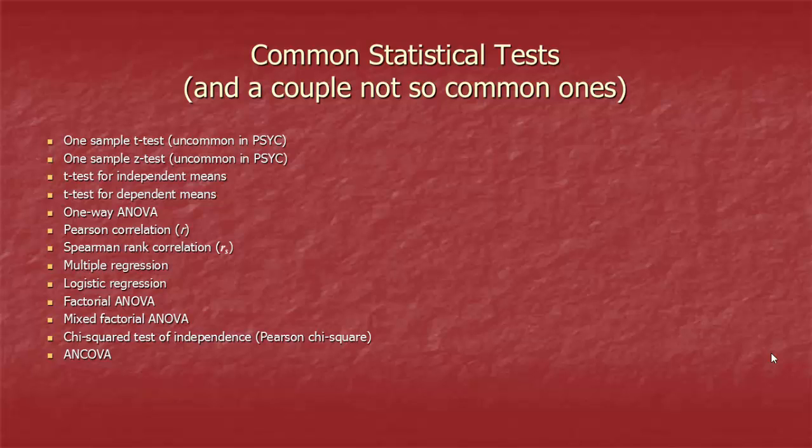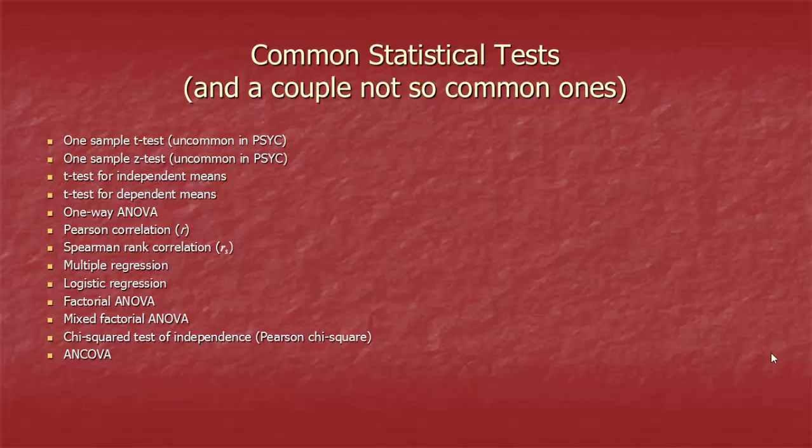Both the one-sample t-test and the one-sample z-test are called one-sample because you're not comparing two different groups of people. It's not like you're doing an experiment and randomly assigning people to two groups. You only have one group in a real sense that you're actually studying. But here you're comparing your one sample, your one group, to a population.